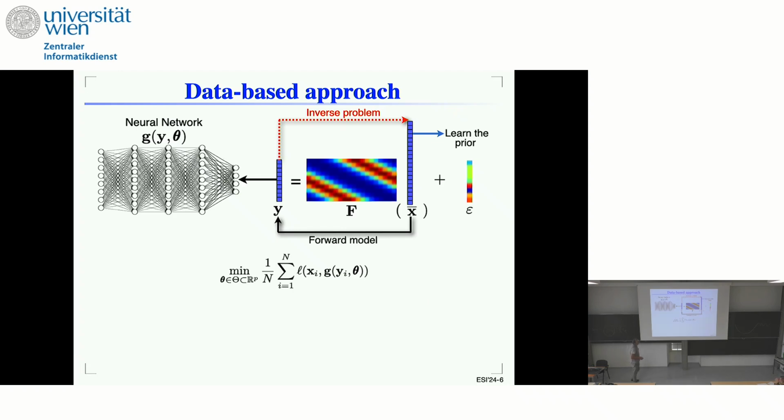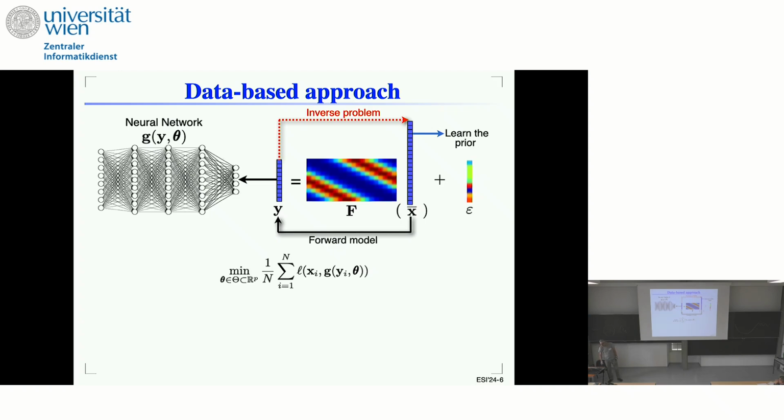You're going to minimize with respect to the weights theta this kind of loss or risk. This is an empirical risk, and we have a loss here. We're going to measure the difference between what is output from the neural network and the x_i's. You have pairs y_i, x_i that you know precisely. So it is a supervised approach, where you have labeled data. For each output, you know exactly what the original object x_i is.